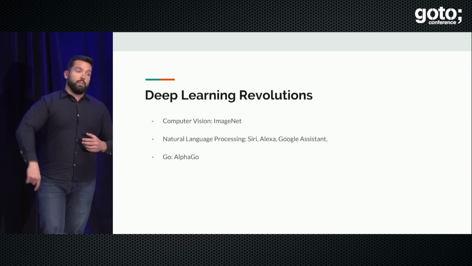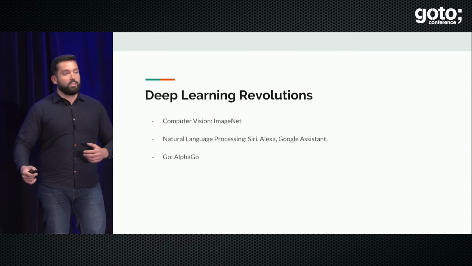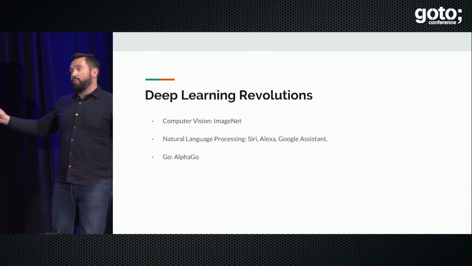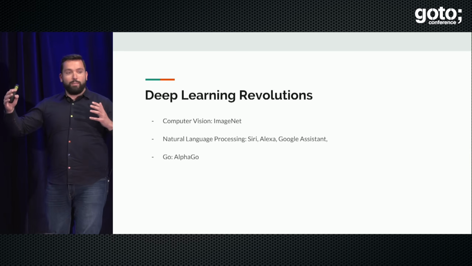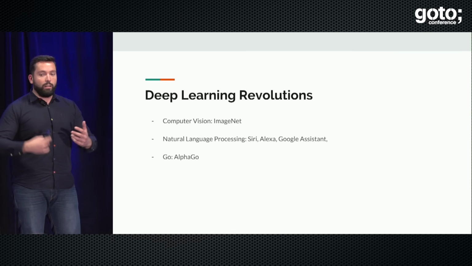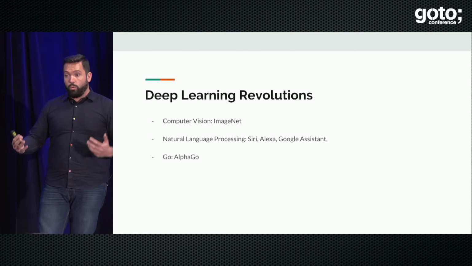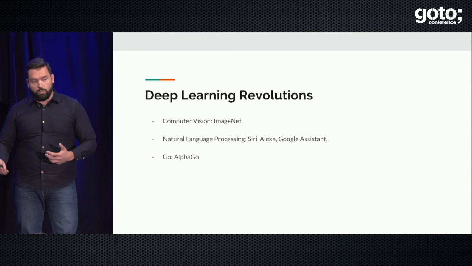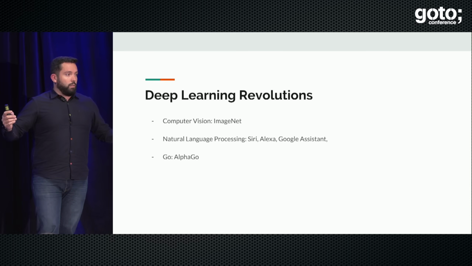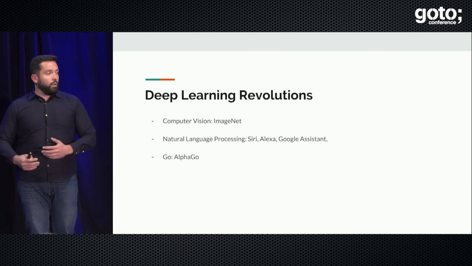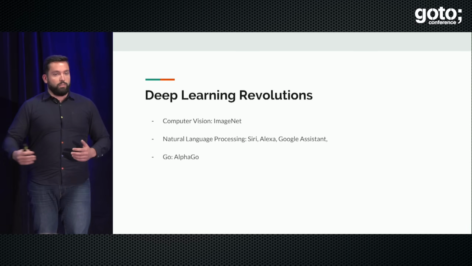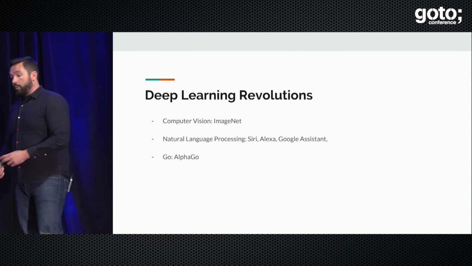If I say Siri or OK Google or Alexa, trying to wake up as many devices as possible, you'll be able to have a conversation with a device that not only understands you, but it actually talks back in a way that you are able to understand quite easily. And it's pretty natural most of the time, right? This is literally science fiction not that long ago. So it's an incredible advancement because of neural networks and deep learning.